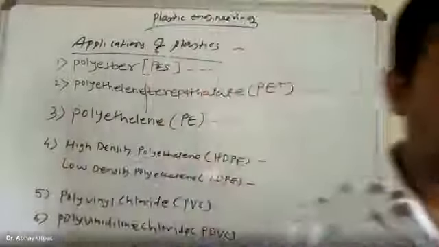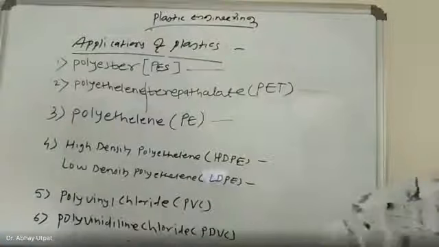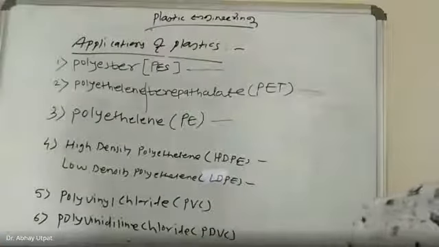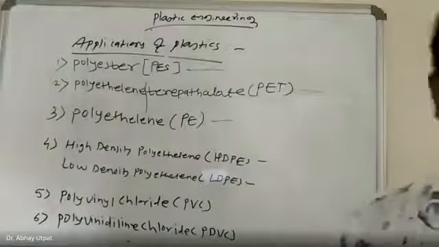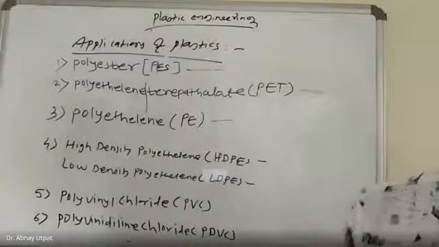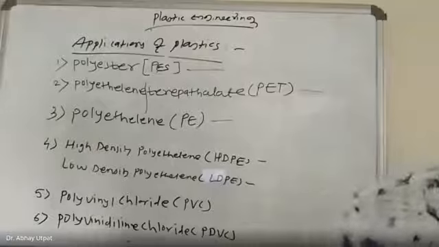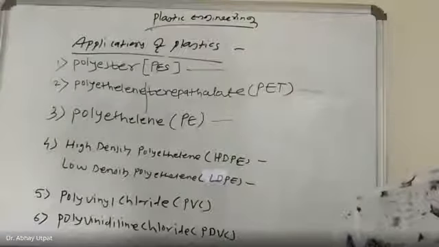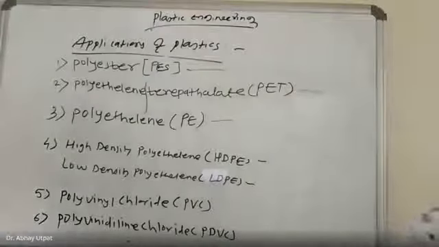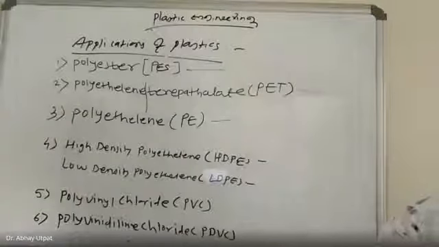Polyvinylidene chloride, PVDC, used for food packaging, then bottle caps, car bumpers, etc.